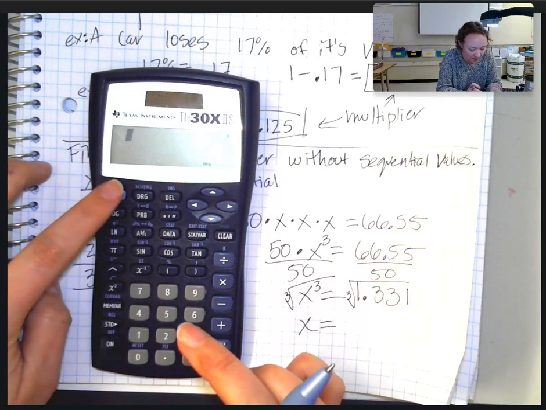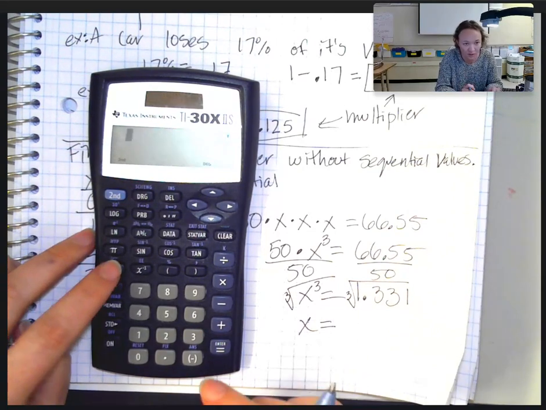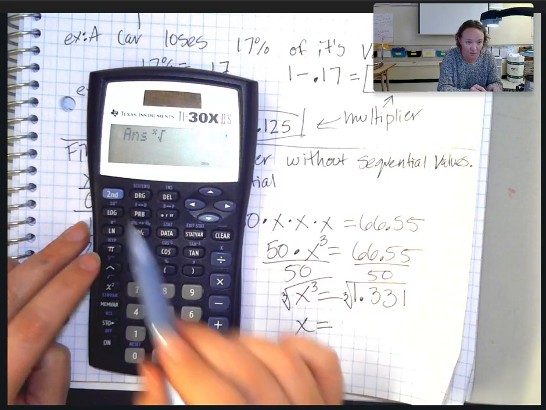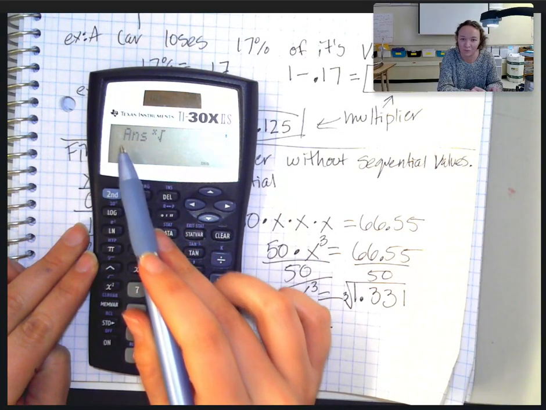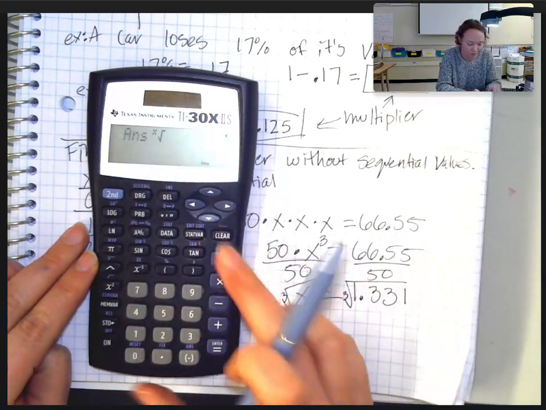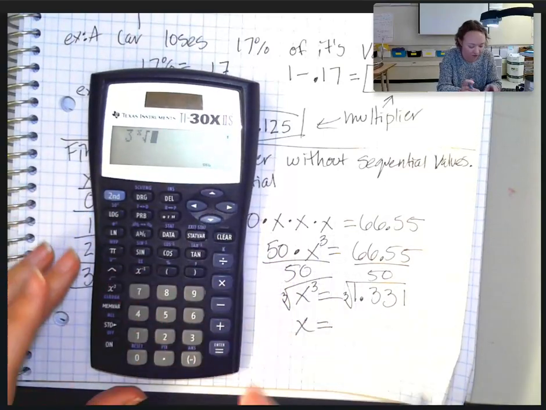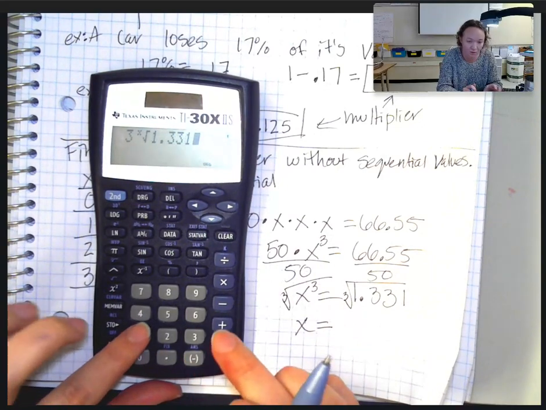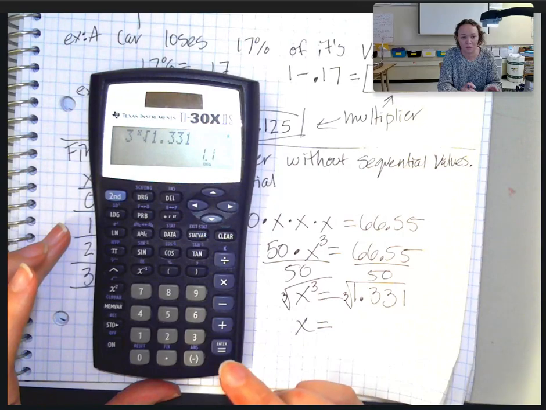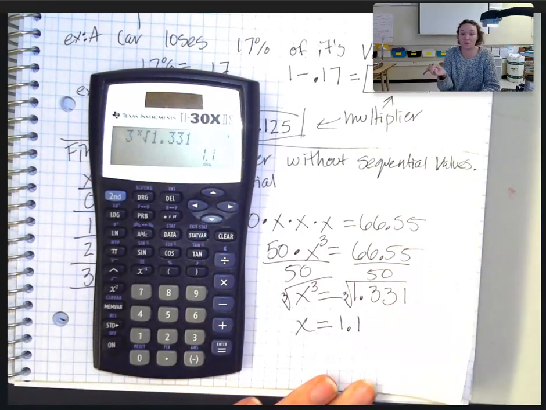So I'm going to do second, because that gives me the purple options up above. And then there it is. I want to already have a 3 in so that it knows to do the third root. So I'm going to do 3 and then second, and then that little symbol there, and then 1.331. When I do that, it tells me that x equals 1.1. So that was my multiplier.